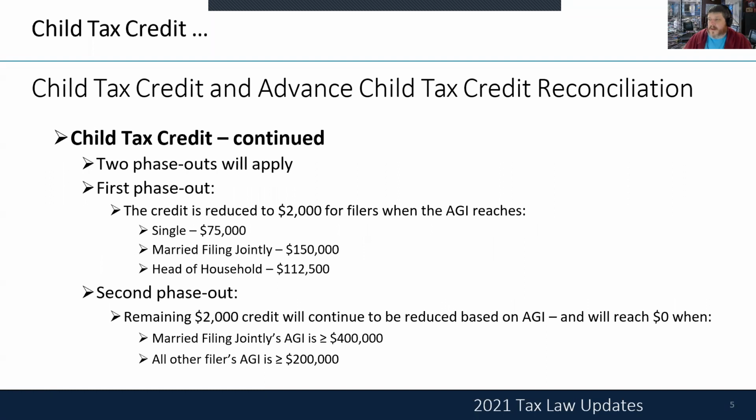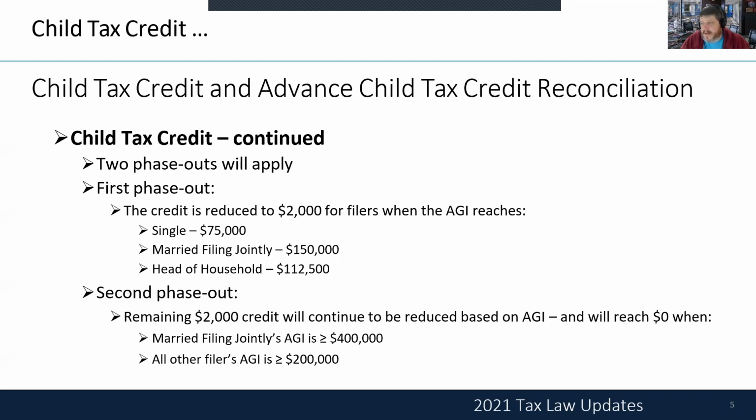There are 2 phase outs for child tax credit. The first phase out reduces the credit down to $2,000 when their AGI reaches these numbers here: single $75,000, married filing joint $150,000, head of household $112,500.